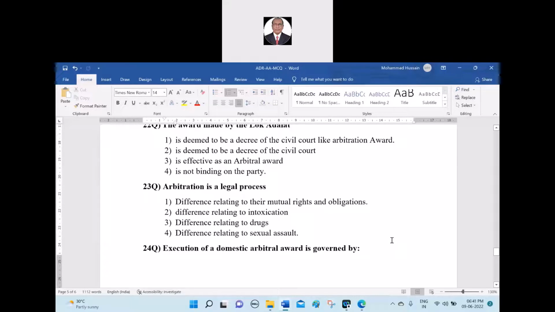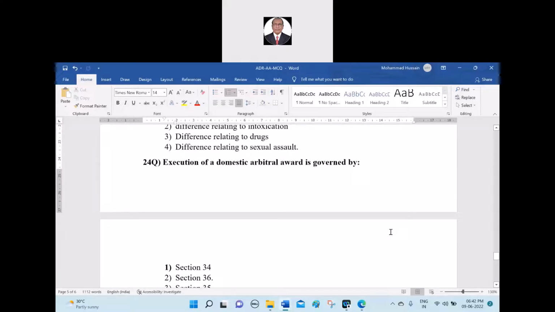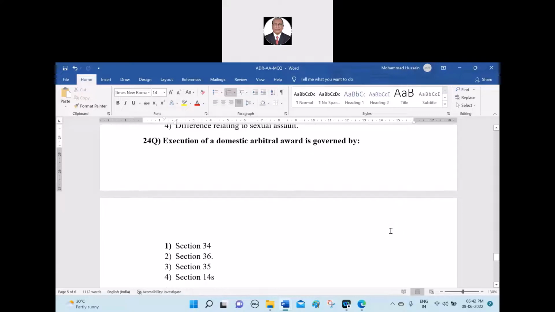Now let us see the 24th question. Execution of a domestic arbitral award is governed by, there are 4 options. Section 34, Section 36, Section 35, Section 14. Always capital S. Which section deals with the arbitral award? 35, sir.